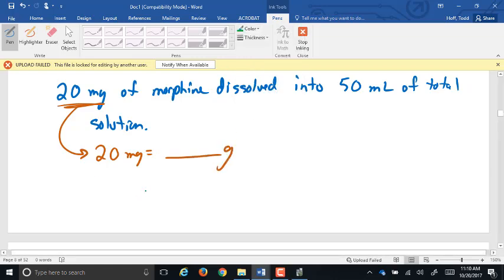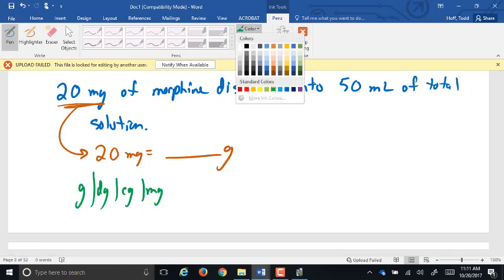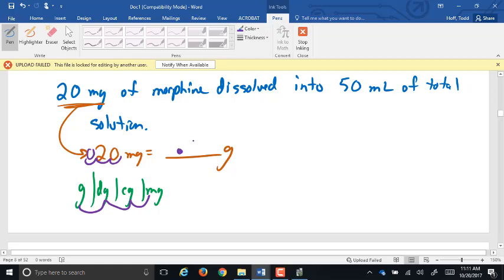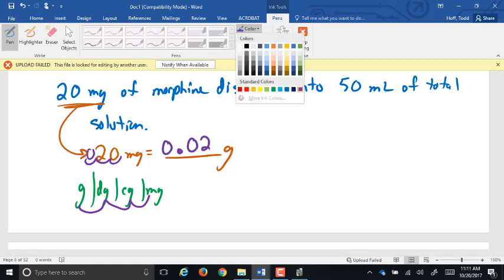To get from milligrams to grams on our chart, it is 1,000. It is 3 spots to the left. So we are dividing by 1,000, moving that decimal point 3 spots to the left. So it is 0.02 grams.